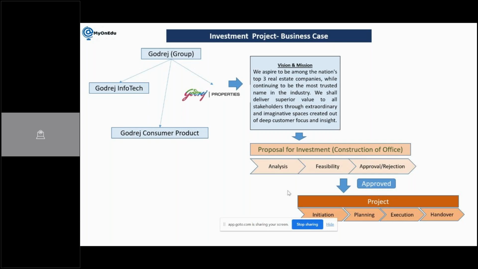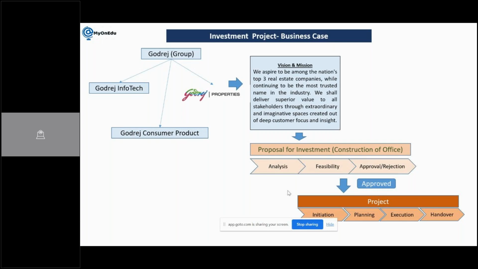Let's say I cannot put a proposal to start a college, or start an IT company, or execute an IT project within it. That has to be aligned with your organization mission, vision, and strategy, which will be followed by proposals or projects.